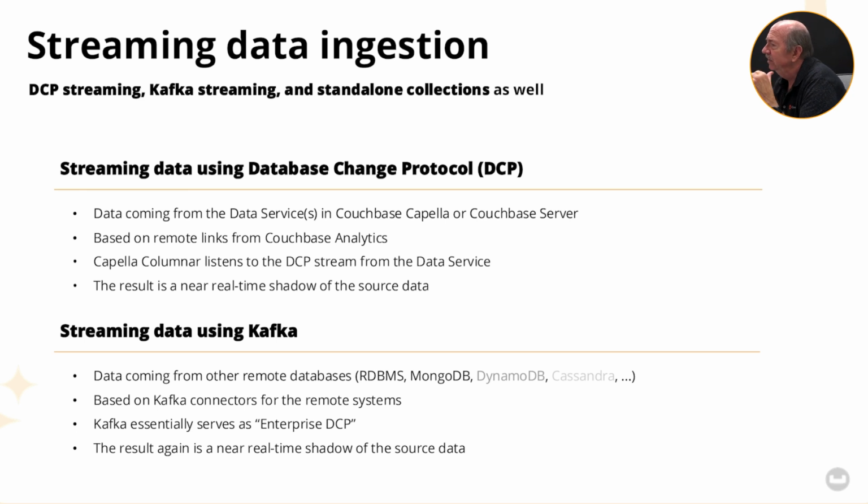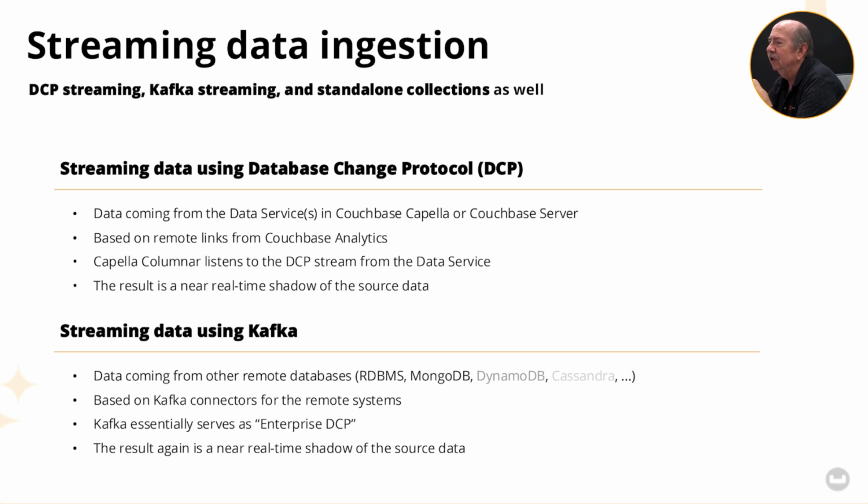And then how does data come in other than either being put there explicitly or being external? Well, the answer is we support streaming data ingestion. We have two kinds of streaming support right now. DCP, Data Change Protocol, which is Couchbase streaming from Couchbase on-prem or Couchbase Capella operational.